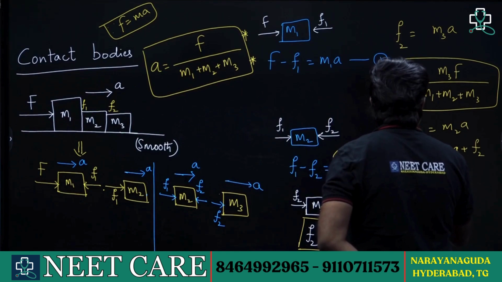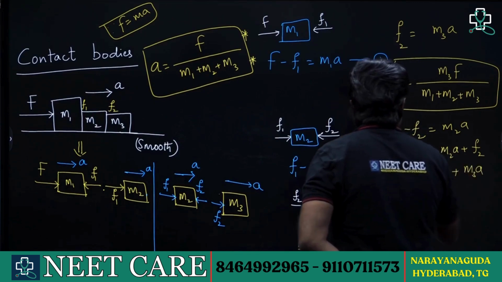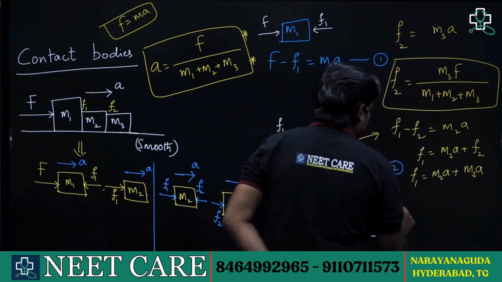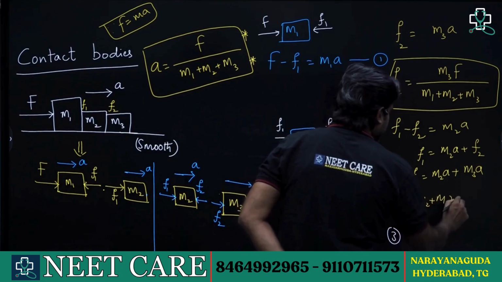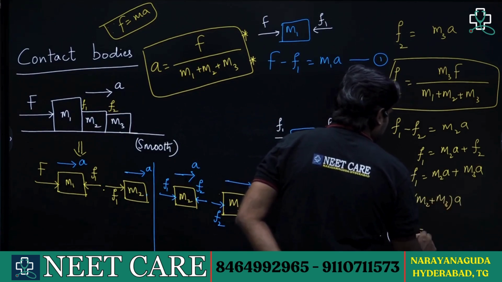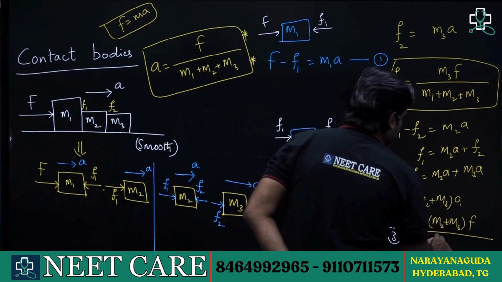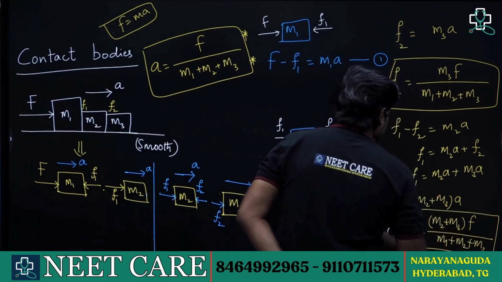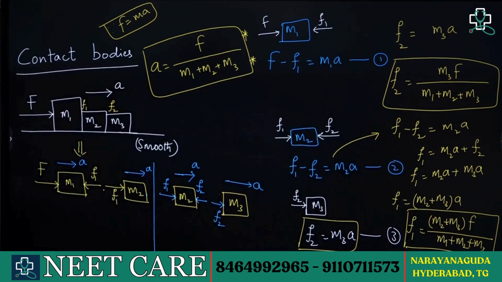Then M2A plus M3A, so that here you can write F1 is equal to finally M2 plus M3 into acceleration. Or else the final equation for F1 will be M2 plus M3 into F by M1 plus M2 plus M3. So this is the way of calculating the contact force between M1, M2 and M2, M3. See the formula.